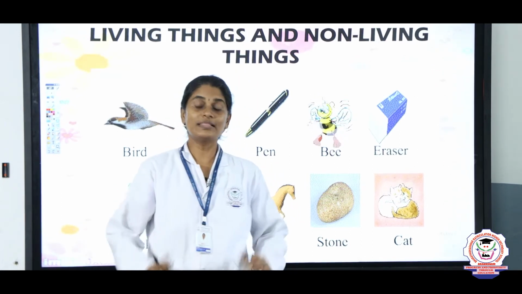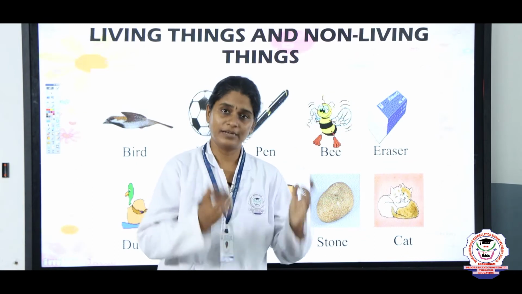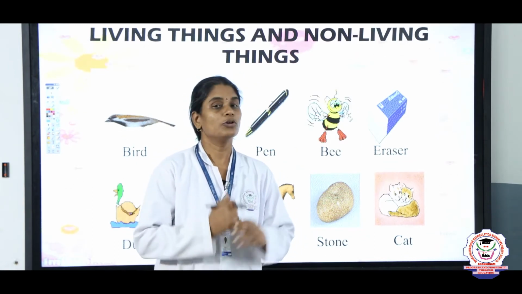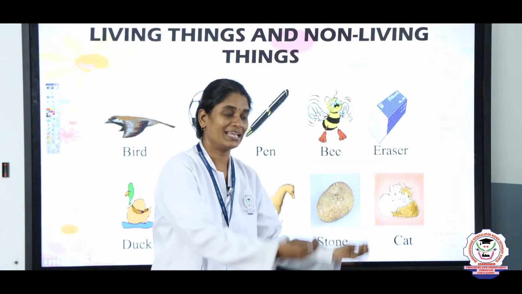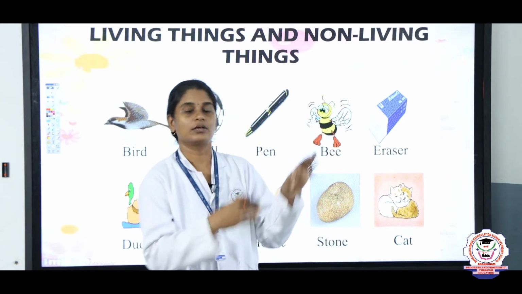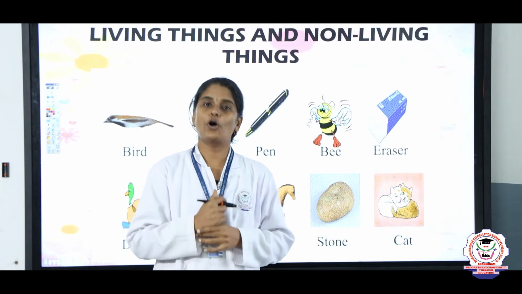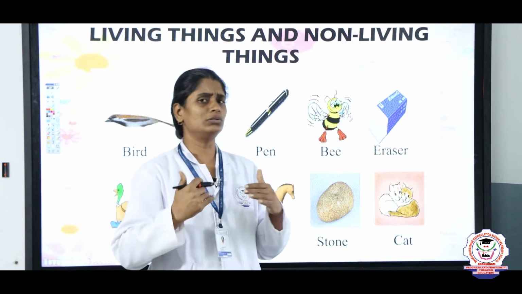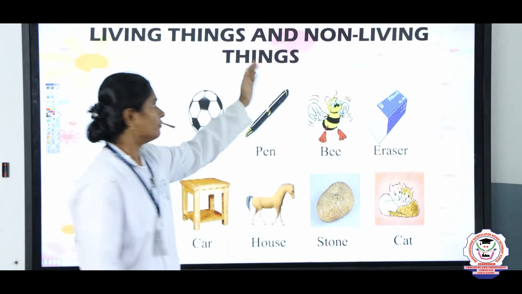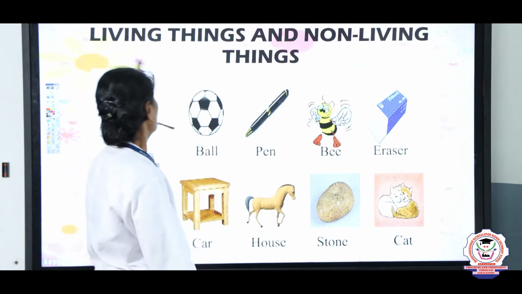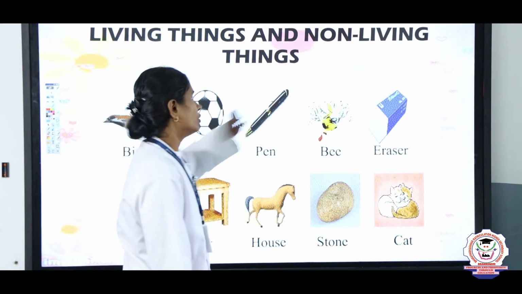In the same way you can see many non-living things: stone, soil, bench, the swing. All these are non-living things. Now, let us see how the living things and non-living things differ.